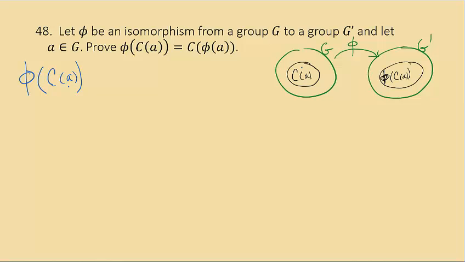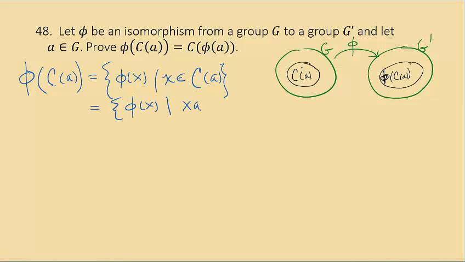Well, that's the image of the centralizer of A. So it's the set of all phi of x, where x was in the centralizer of A. And we could simplify that a little bit. We could say that's the set of all phi of x, where xa was equal to ax in G.